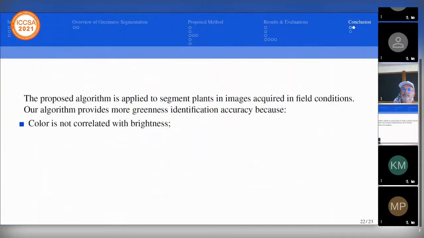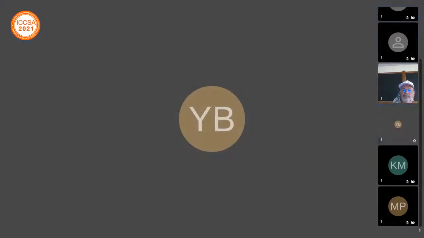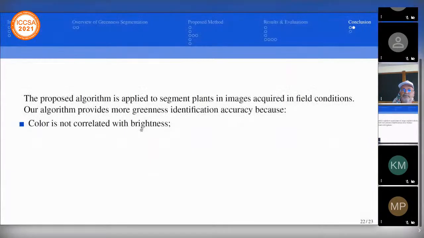It gives a good accuracy because color is not correlated with the brightness, because we have used the color space transformation. The segmentation is done on background.